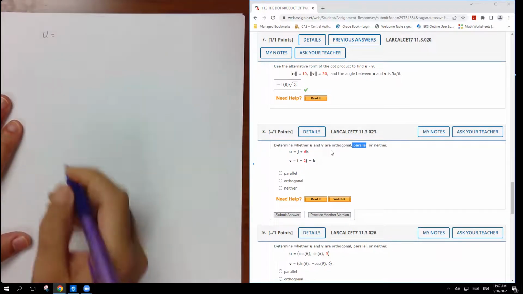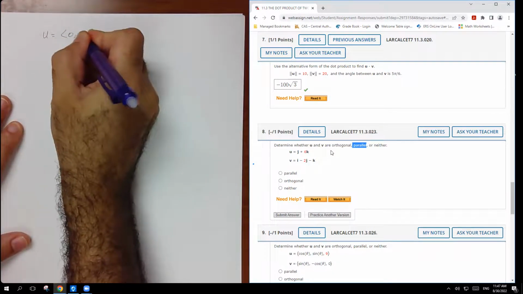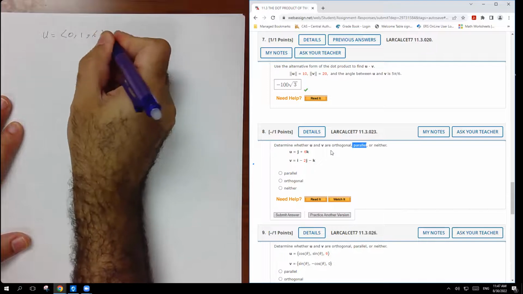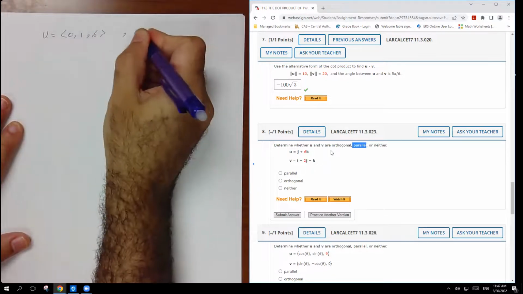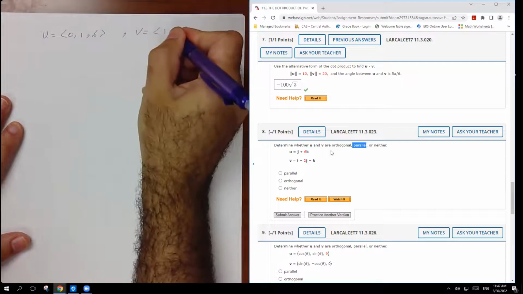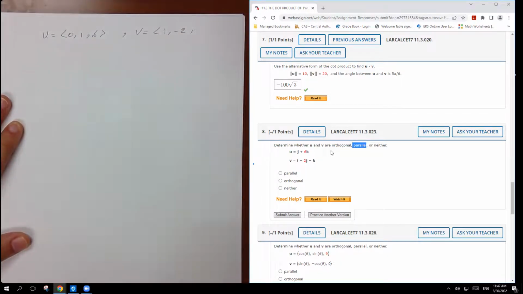The vector U is going to be 0, 1, and 6, and the vector V is going to be 1, -2, and -1.